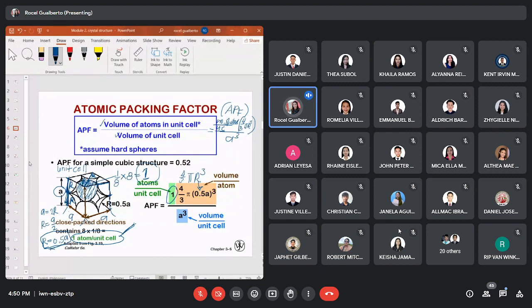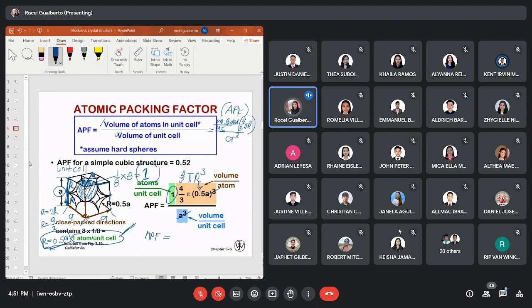Okay? Yun po yung nakuha natin, third parameter. So, yung r is 0.5 of A and then you raise that to the third power. Okay? Divided by A cube. Okay, so from this, you can cancel out this A cube. Okay, and then you compute first what would be the resulting value of the APF.